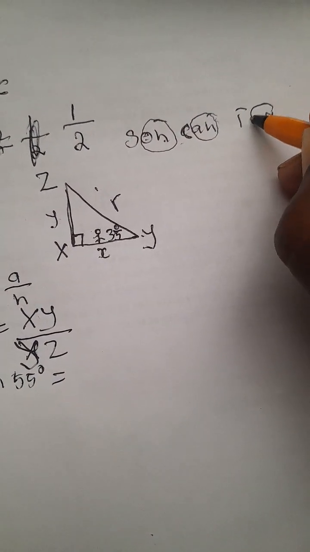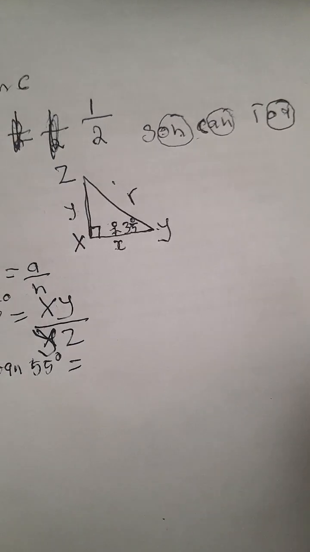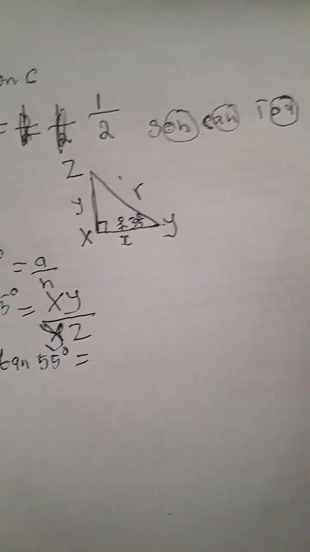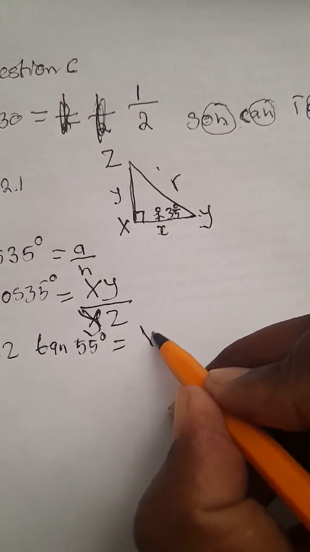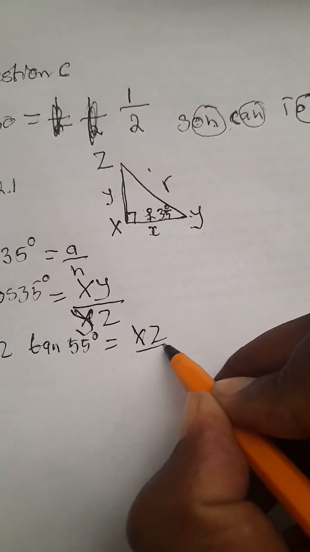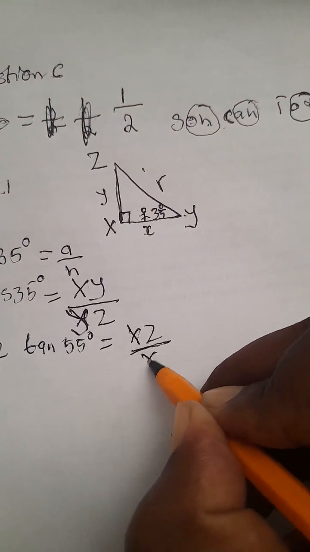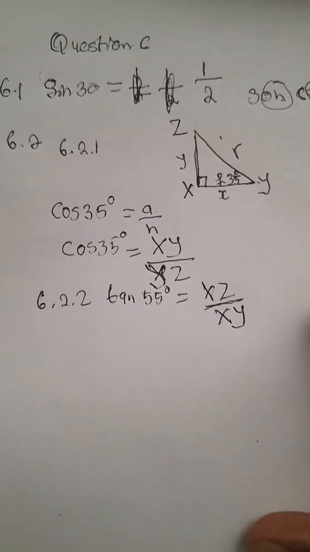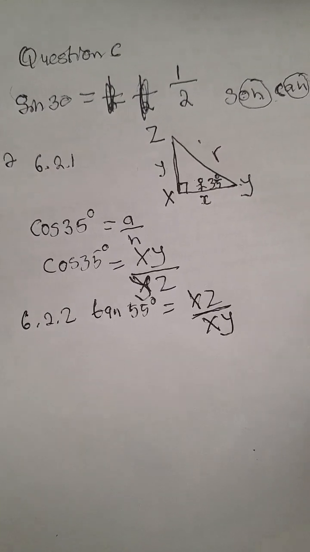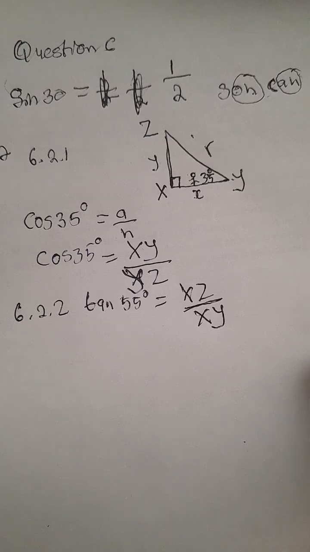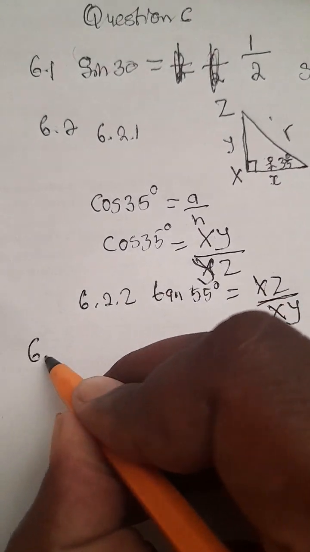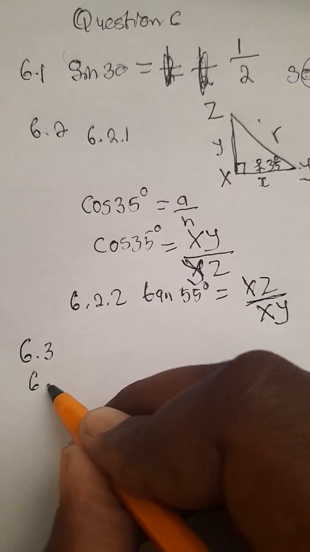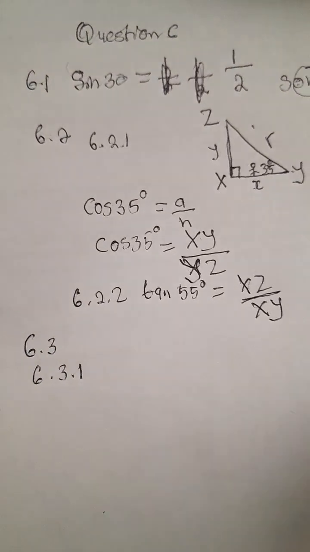Tan goes with opposite over adjacent. So in this case, I'm going with opposite and adjacent. What is my opposite? It's XZ, right? My adjacent is XY. Those are the trigonometric functions in terms of sides. That was 6.2.2.